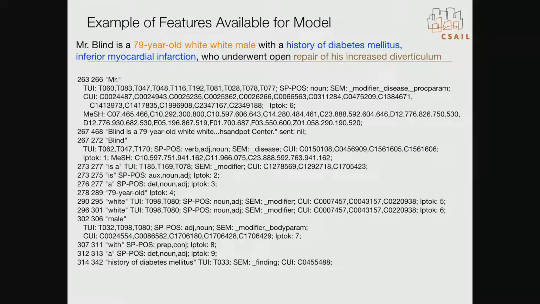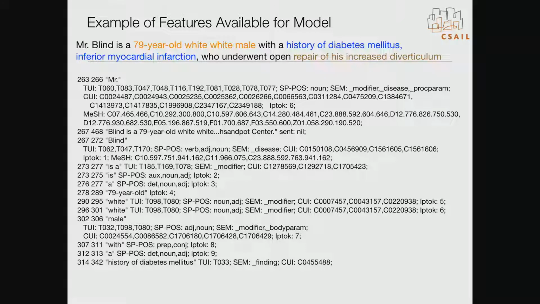And so if you look at what we did, we said, well, here is the text, Mr., and here are all the ways that you can look it up in the UMLS. And it turns out to be very ambiguous. MR stands not only for Mr., but it also stands for magnetic resonance, and it stands for a whole bunch of other things. And so you get huge amounts of ambiguity.